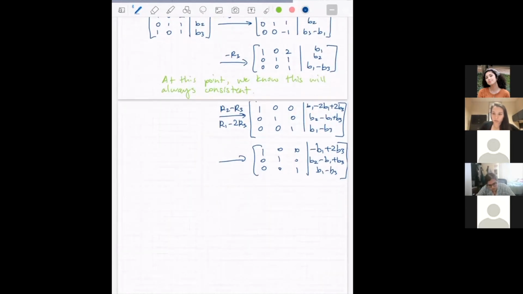Great, so that means that our solution for that arbitrary B will be just the vector where we just plug in these values. And so this will depend on what vector B you started with, but this always gives you a unique solution, right?